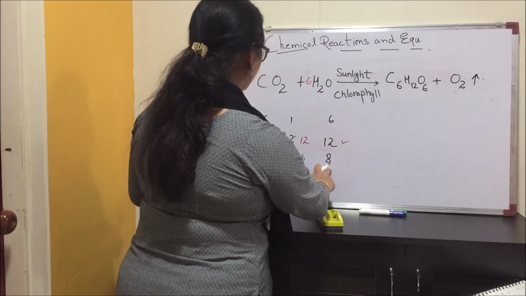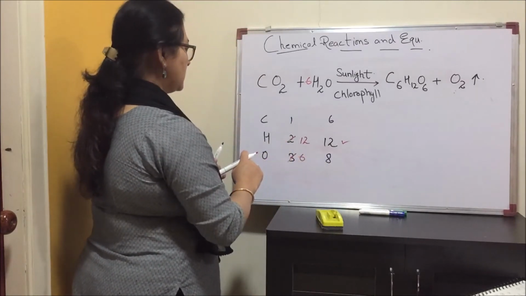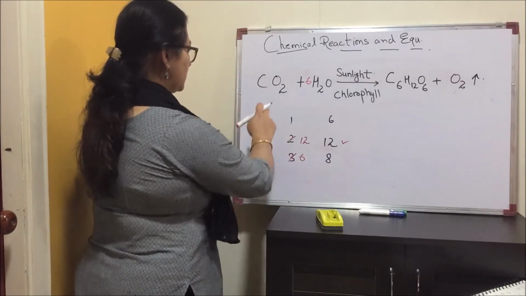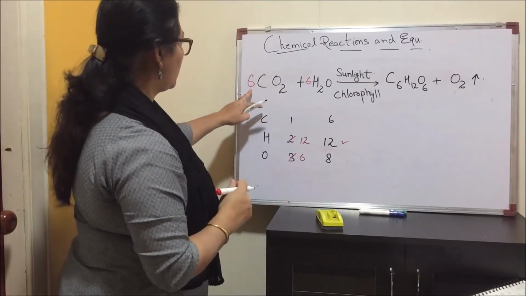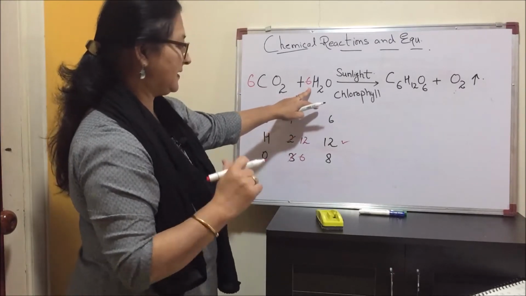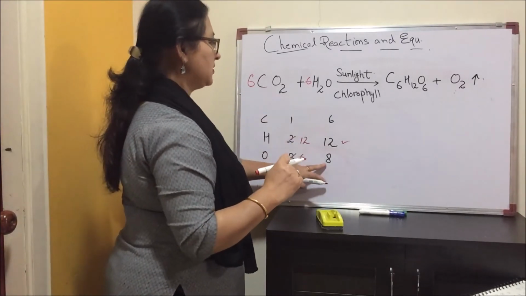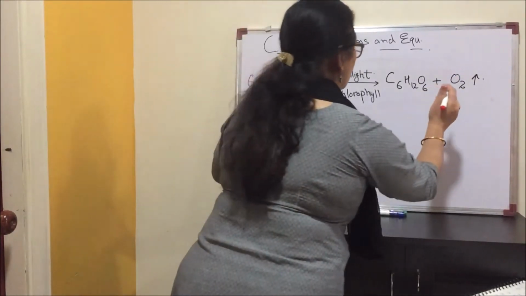So what I have to do is, if I put 6 here, now it will become 6 into 2, 12, 12 plus 6, 18, right? And here was 6 plus 2, 8.